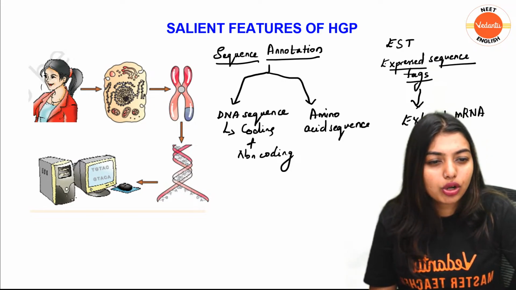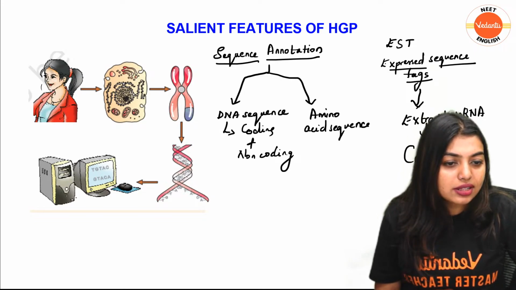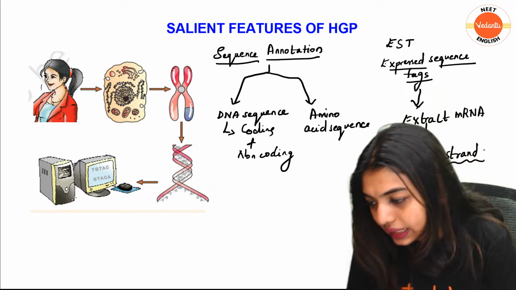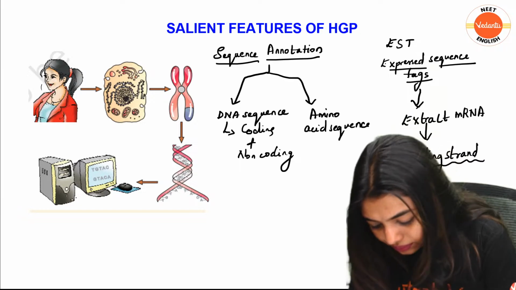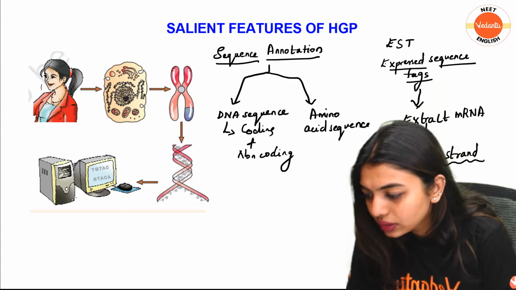By this method, what we were ultimately doing is taking only the coding strands, and not the unnecessary part of the DNA. Okay, clear or not? Okay, smash the like button if you understood, all of you.